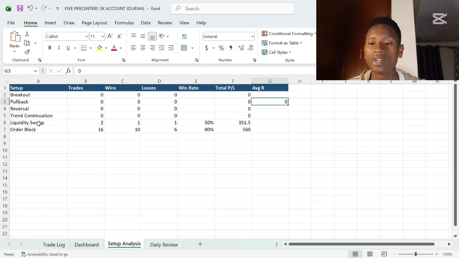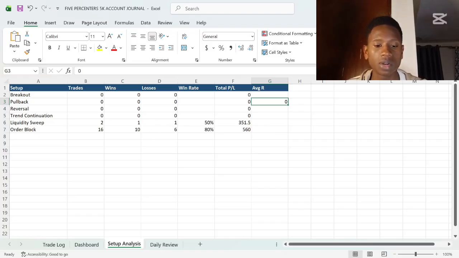For the liquidity sweep, I've used the strategy in 2 trades. I've only had 1 win and 1 loss, so it's a 50% win rate. The order block strategy, under the smart money concept, I've taken 16 trades. I've won 10, I've lost 6, and that gives me an 80% win rate.